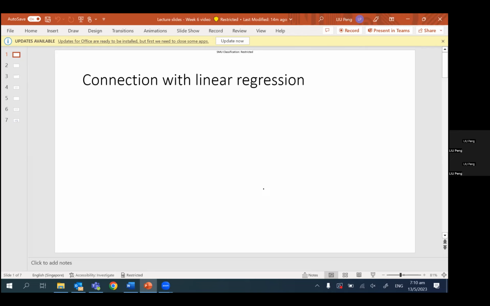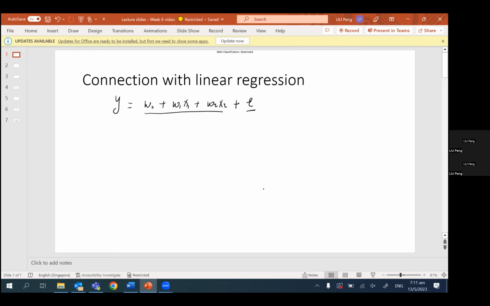For the model of linear regression, we model y as a function of the linear combination of the weights and the features: w1 for x1 plus w2 for x2, plus a noise term. The noise term represents the information or signal that we are not able to model. This part we can model, and this part we cannot model.